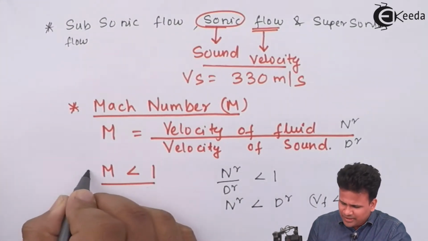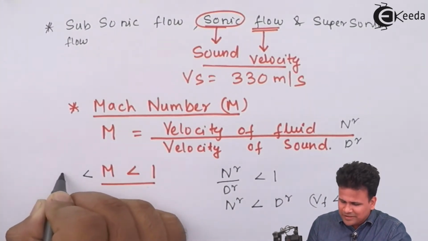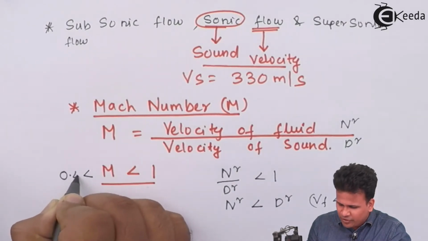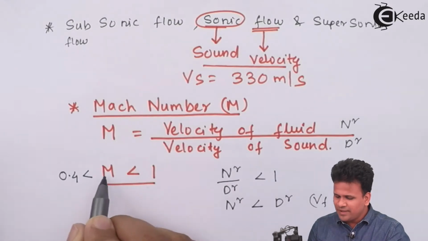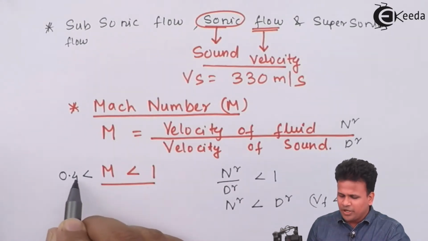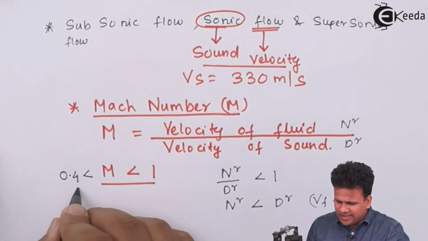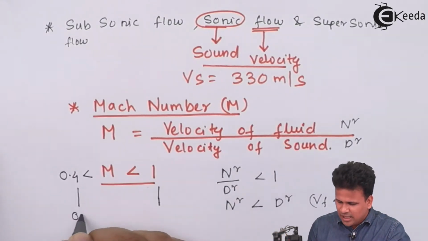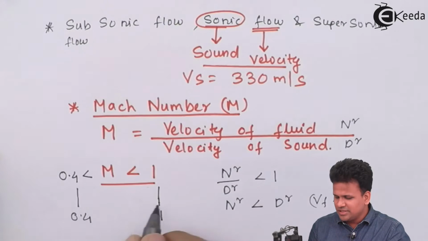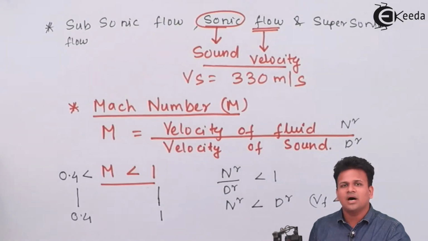The lower limit should be greater than 0.4. That means the Mach number should be less than 1 and greater than 0.4. Only in this bracket can you consider it a subsonic flow.